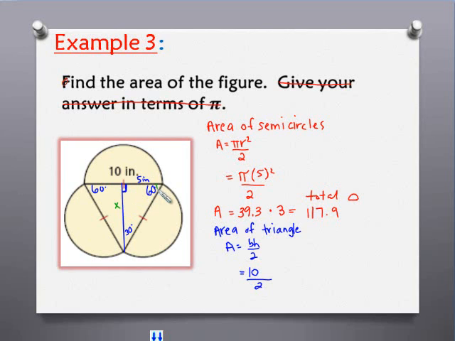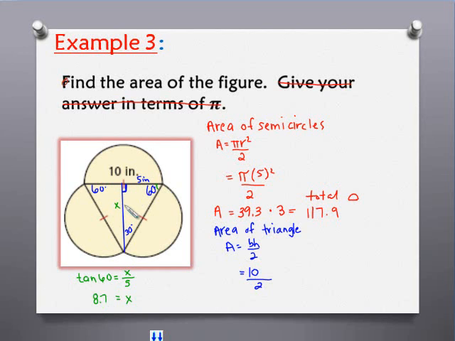If I use the 60-degree angle, this side is the opposite side. This is the adjacent side, so that means we're going to be using tangent. Tangent of 60 is equal to the opposite, which is x, over the adjacent. So to solve for x, we just multiply both sides by 5, which gives us 8.7.